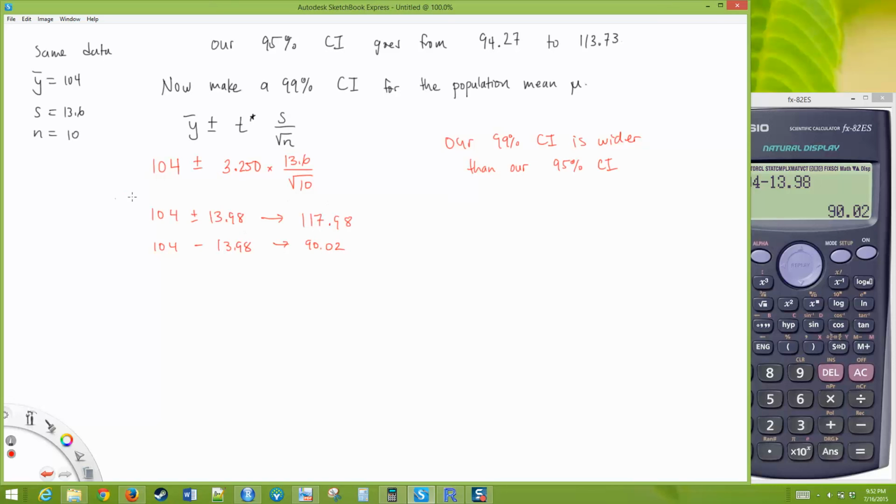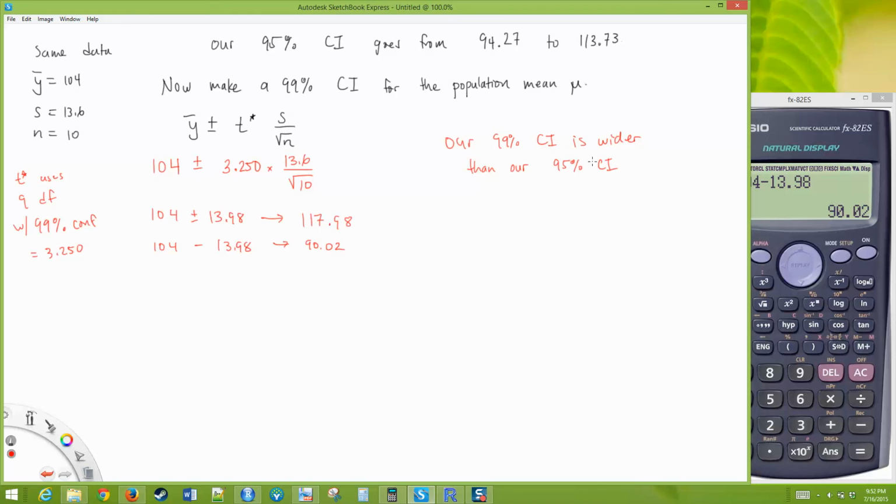So, well, let me just note, t star uses 9 degrees of freedom with 99% confidence: 3.250.